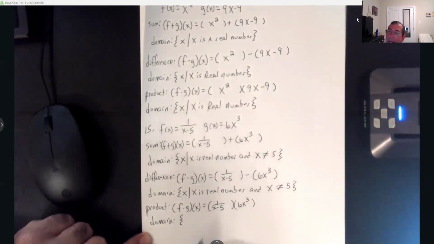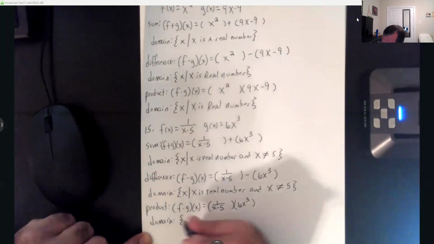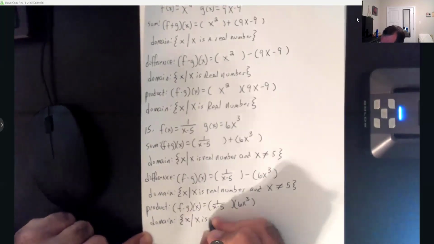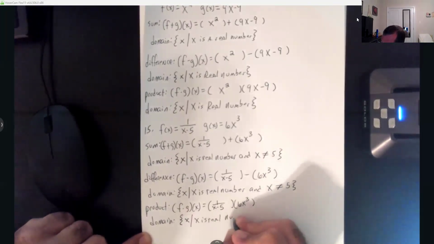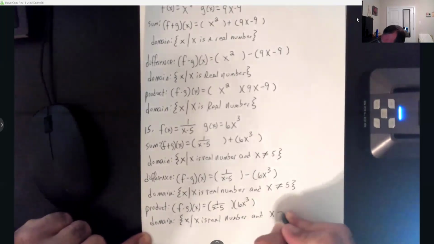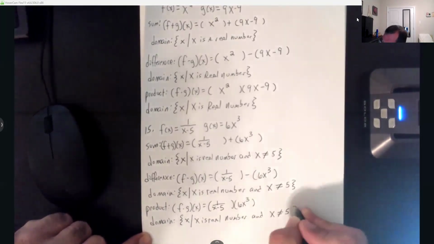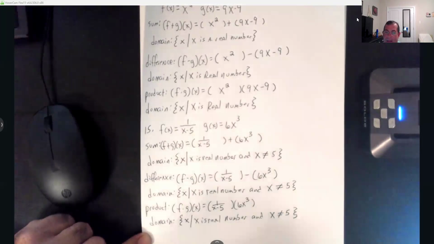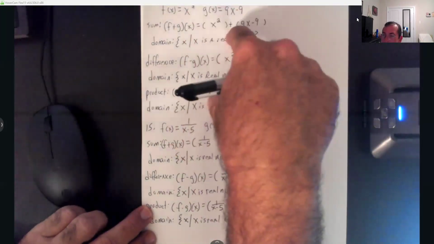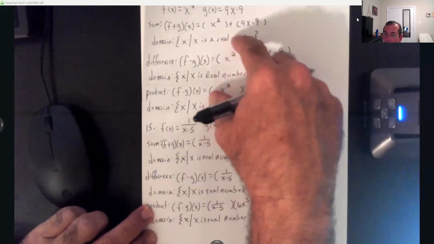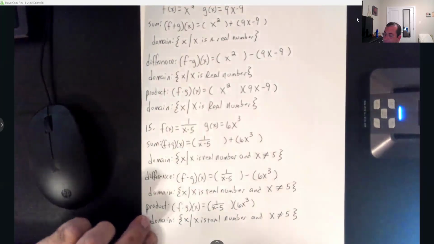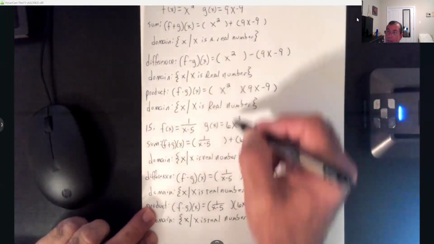So once again I get the same domain: x such that x is a real number, and x cannot equal 5. I want you to realize adding, subtracting, and multiplying usually got the same domains. So if you can figure out one, you can get the other two.